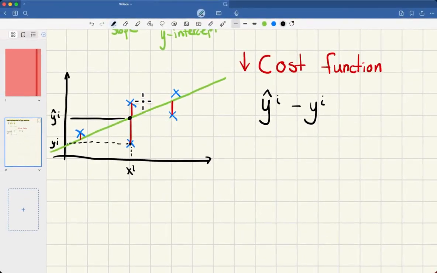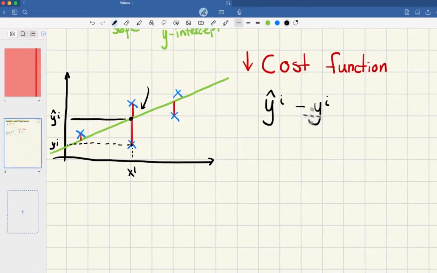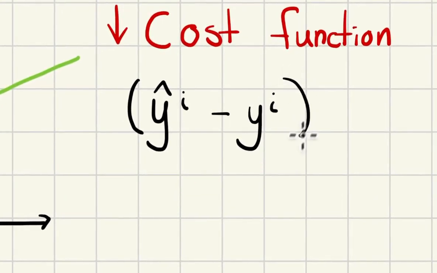But then you might say, okay, well, what happens if our predicted value is less than the actual value? Then this expression is going to be negative. And if we want to minimize the cost function, then we just want to get as far as possible on this side. So to only get positive costs, we can take all of this and make it squared.